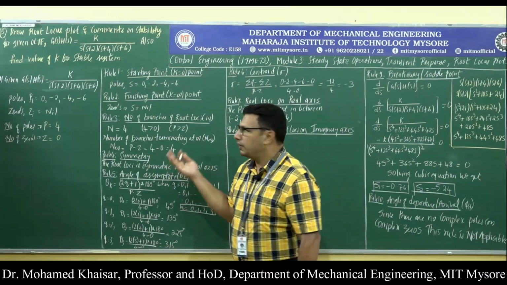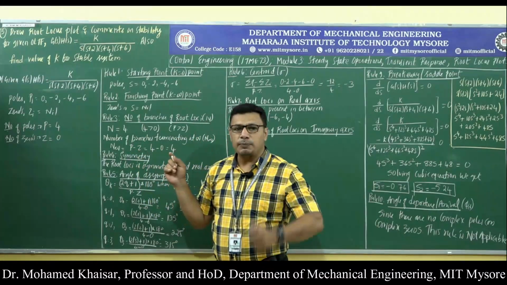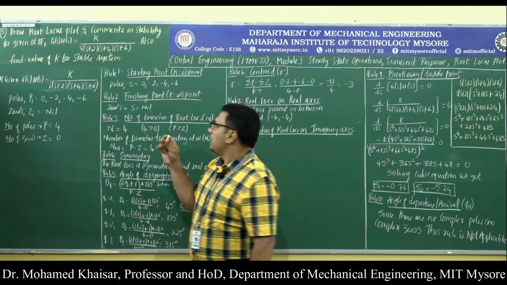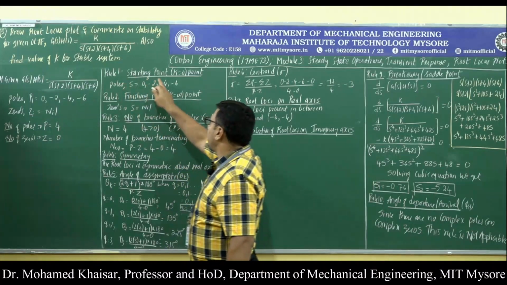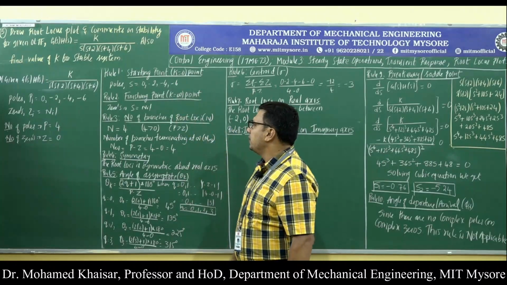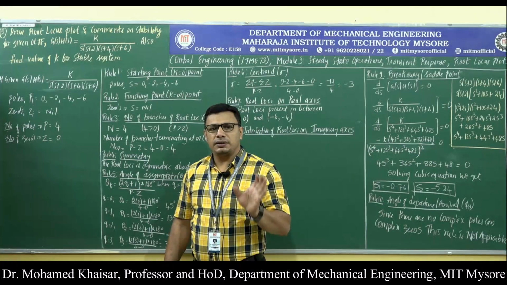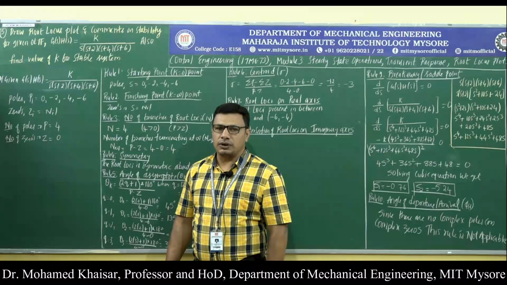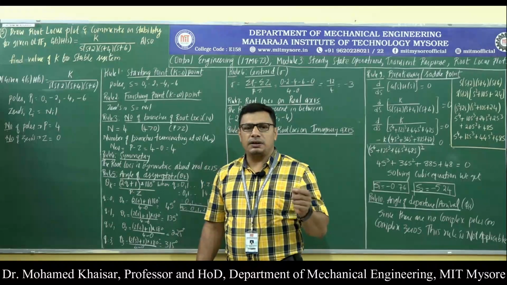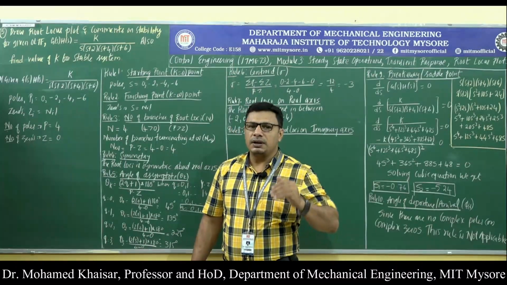There are 10 rules. We will apply those rules one by one. We first have to find the starting points for the root locus plot. Rule number 1 is about starting points, also written as K equal to 0 points. As we know, all poles are the starting points for the root locus plot, the points where the branches of the root locus will start.